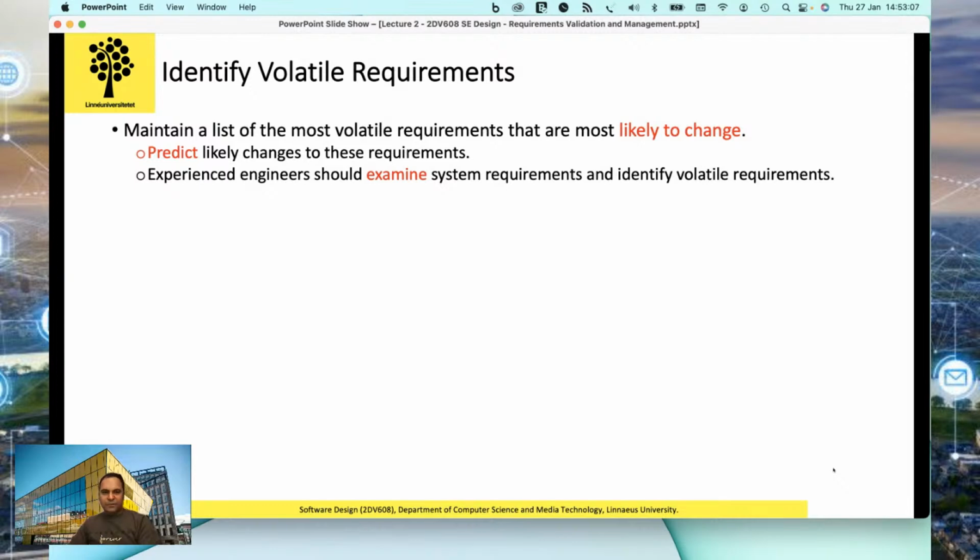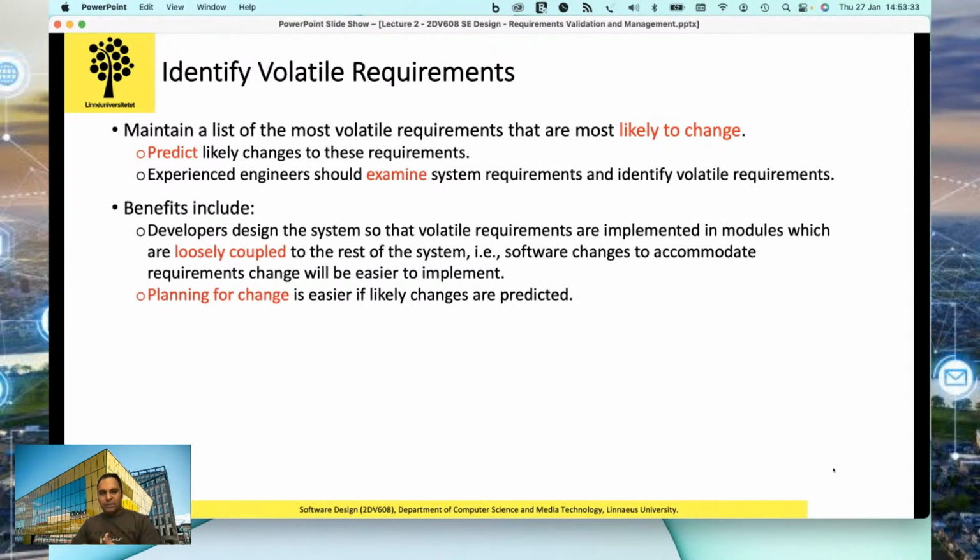Also, try to identify volatile requirements, because there could be some requirements that are highly change prone, and if they are changing often, that is also a problem for the developers and the testers, because they need to change their implementation or their tests and so on. So it's always good practice to identify your volatile requirements as early as possible.